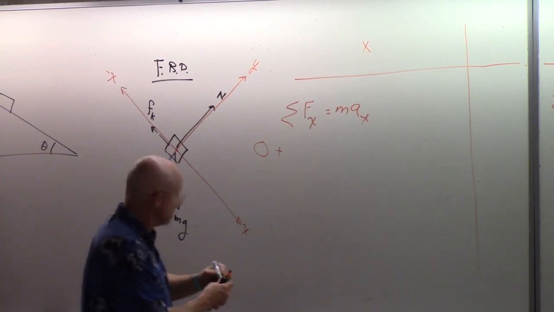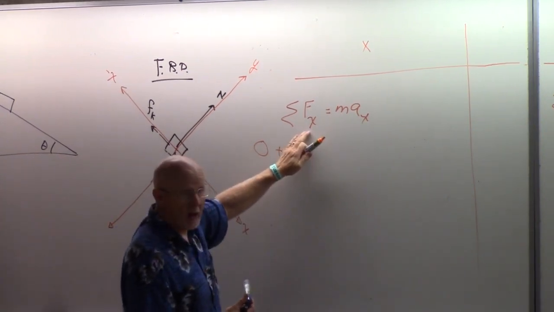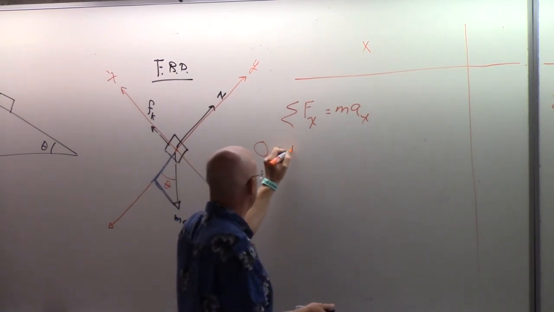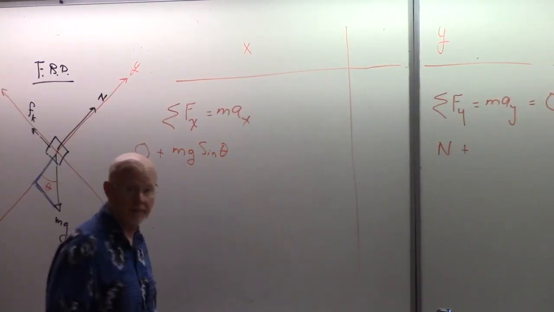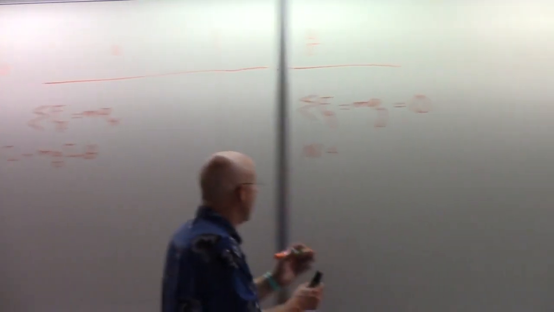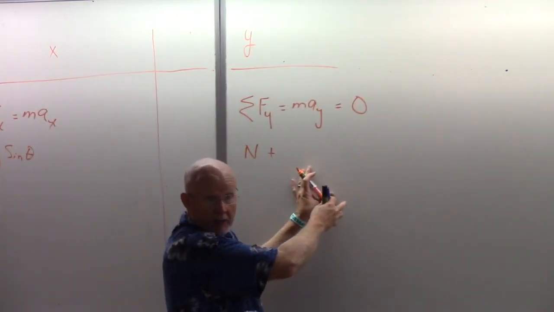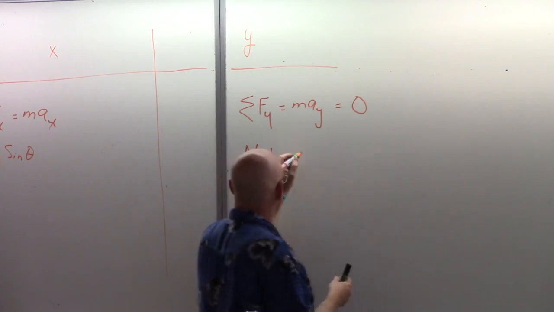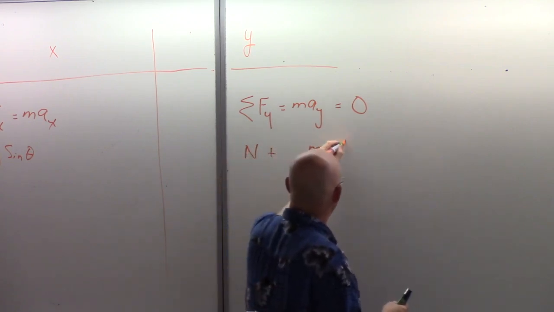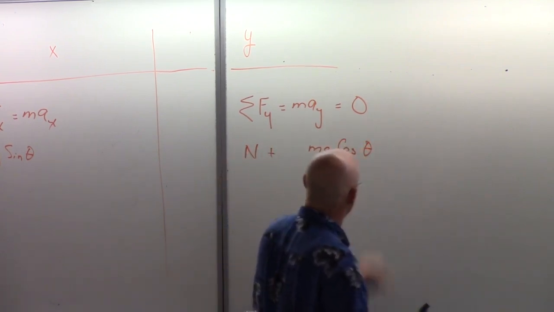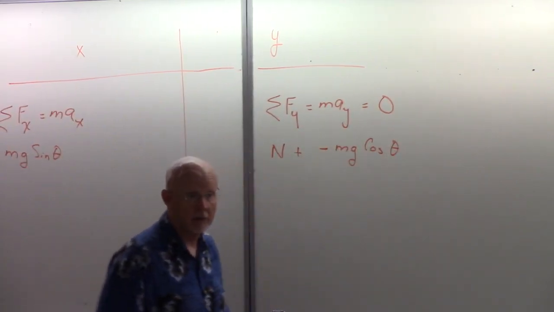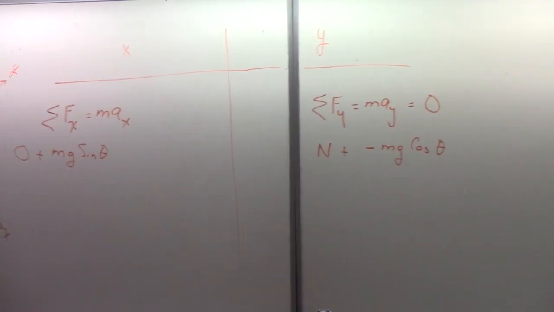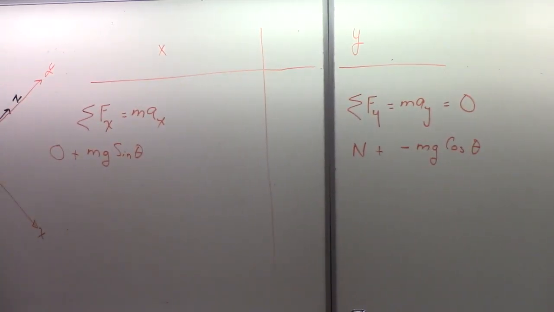So how much of the weight is in the x direction would be mg sine theta. That's what we got before. And how much of the weight would be in the y direction would be mg, adjacent to the angle, so it would be cosine theta, and it would be negative. So far I've got the same thing that we got without friction.